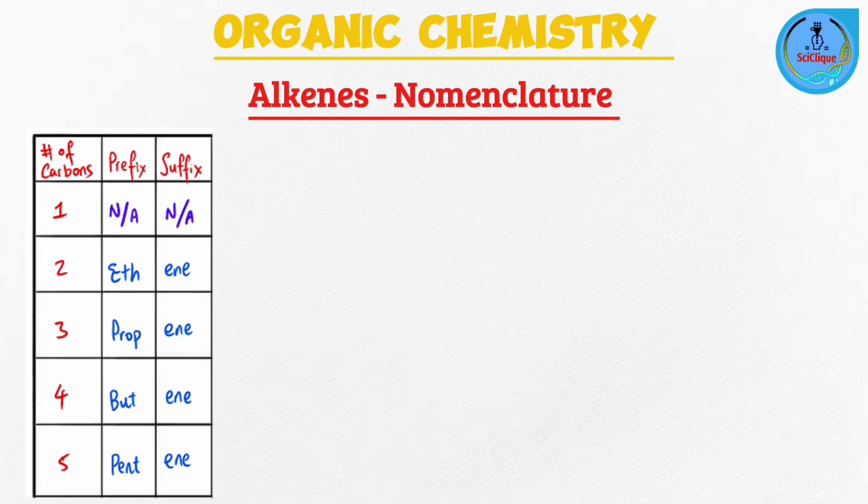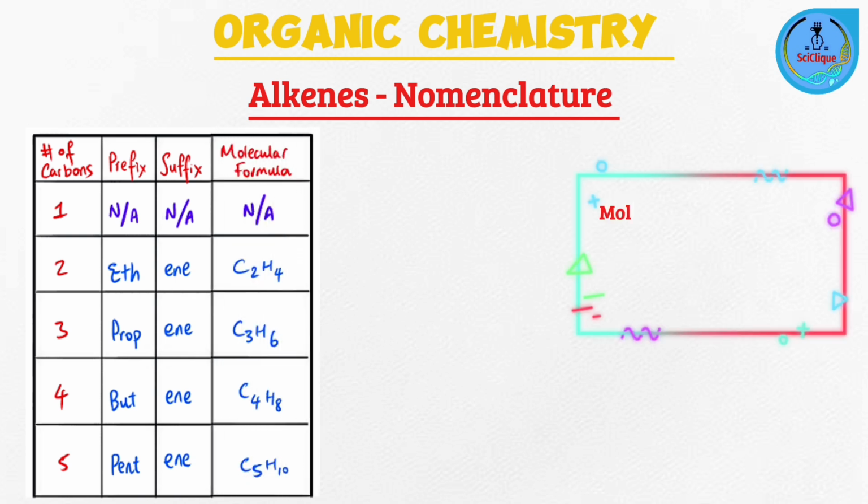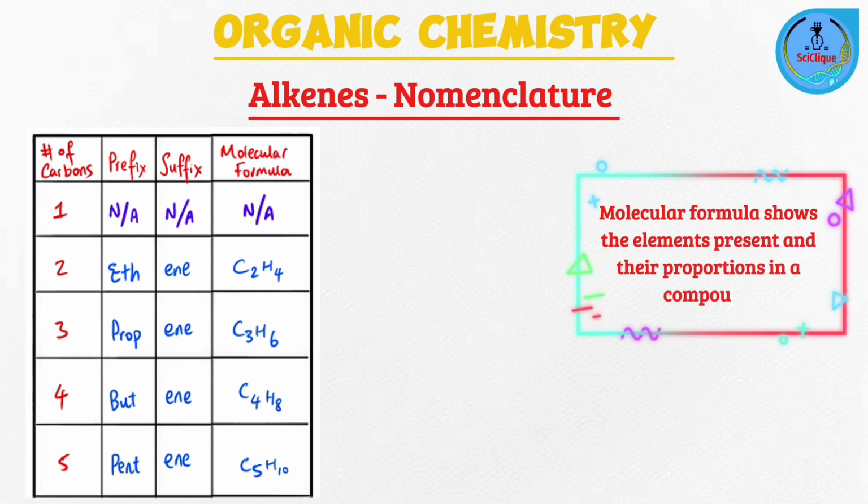Now, can we get the molecular formula? Of course we can. So as stated before, when it comes to molecular formula, this shows you the elements that are present and the number of atoms of those elements. So for example, the molecular formula of ethene is C2H4. What does this tell us? That we have 2 elements present, carbon and hydrogen.